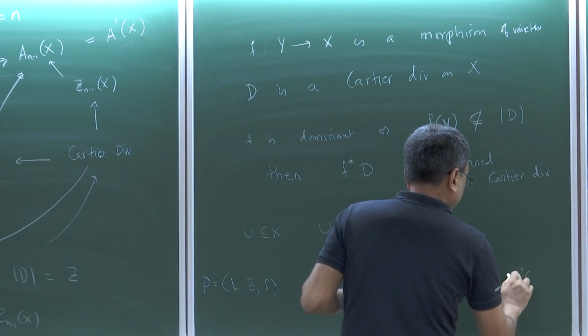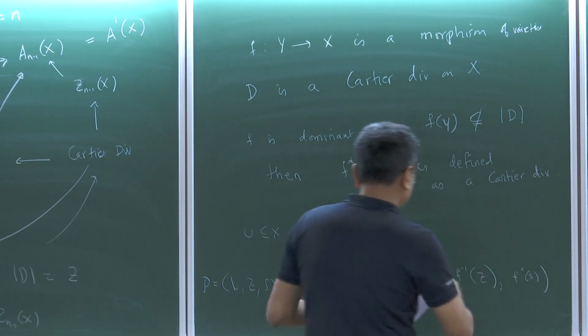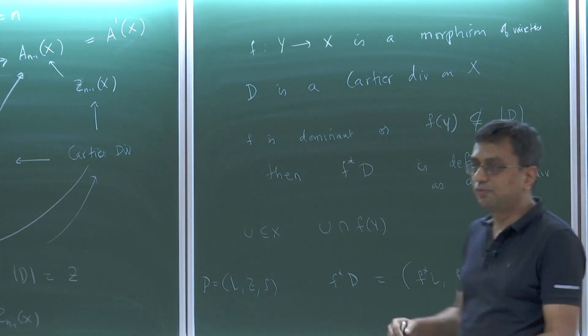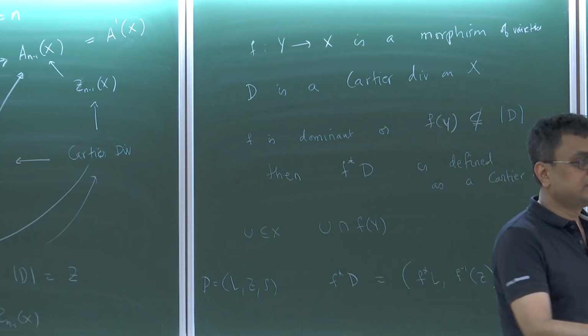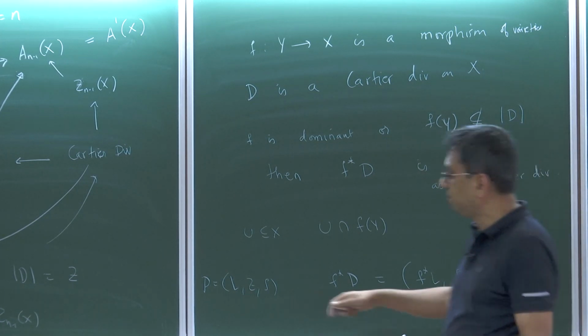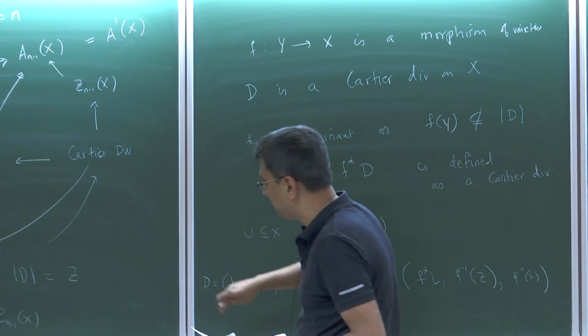This inverse image section is also nowhere vanishing. So the pullback of pseudo divisors makes sense. Okay, so this is the reason. Otherwise, we have to always do cases. Cartier divisor can pull back, if not, make a line bundle. So this pseudo divisor language helps us avoid that.